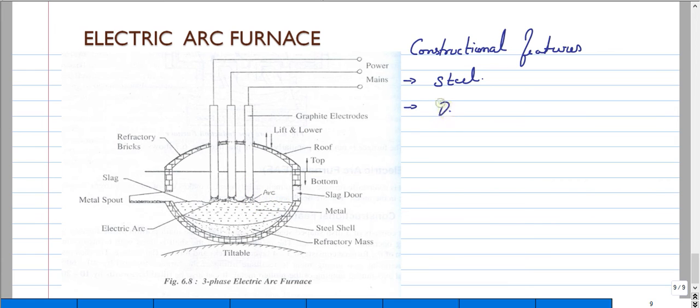Okay, we have a dish-shaped steel shell, where the melting will be carried out. Inside of this there will be a refractory lining of bricks, and you can see the outer layer is a steel shell and inside we have brick.